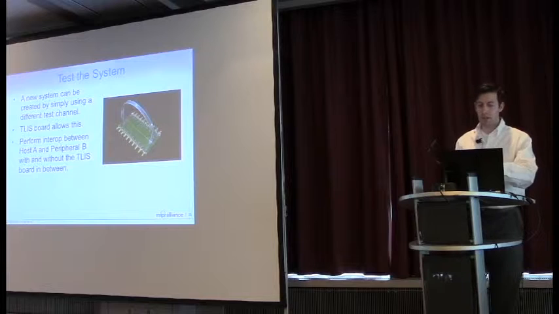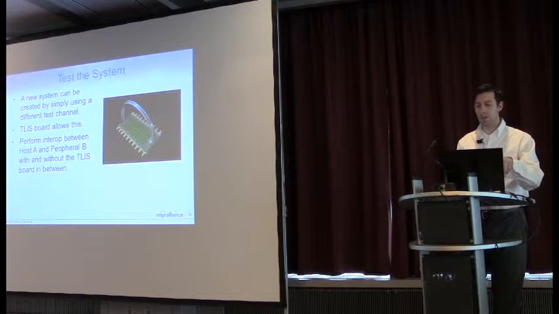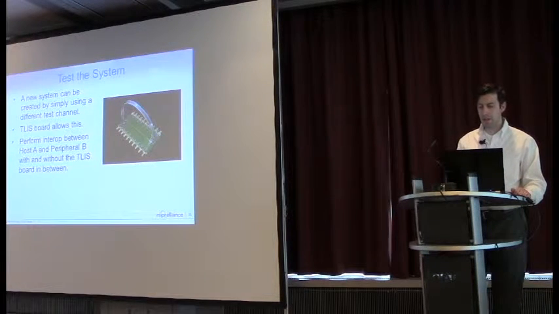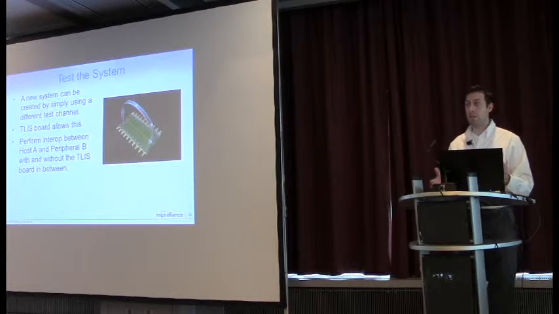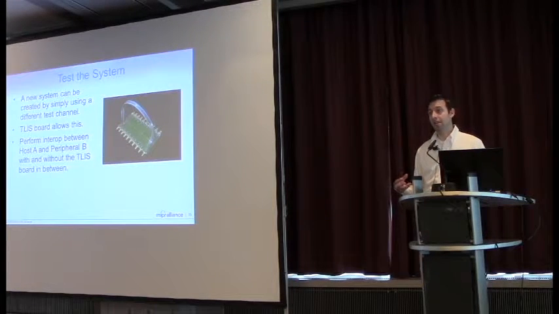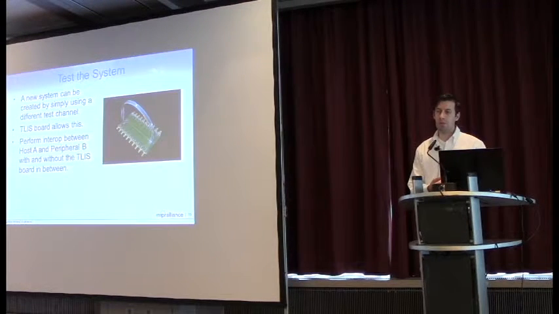And so we've created some test fixtures to allow us to do this. This one is a TLIS board, transmission line interconnect structure. That's what TLIS stands for. Essentially what it does is it's a worst case channel that DSI devices can connect over. And so if we're doing interoperability testing, we may connect a panel and a host over an ideal channel using high-quality connectors, high-quality cables.